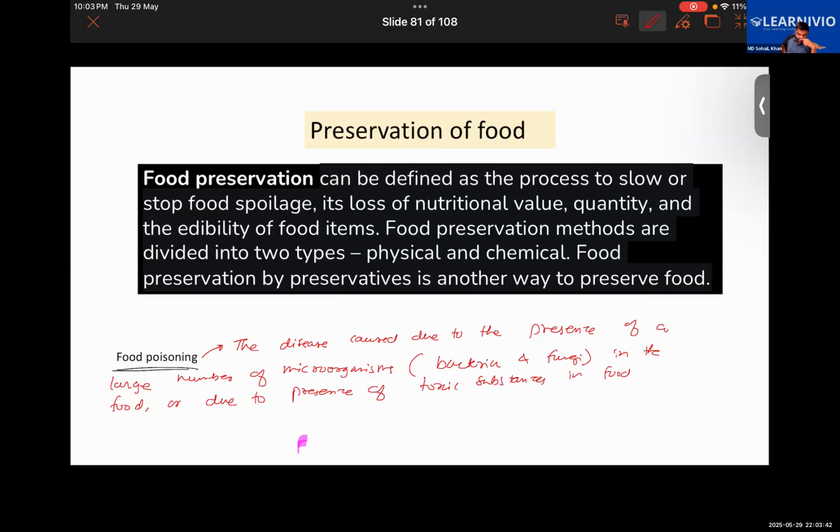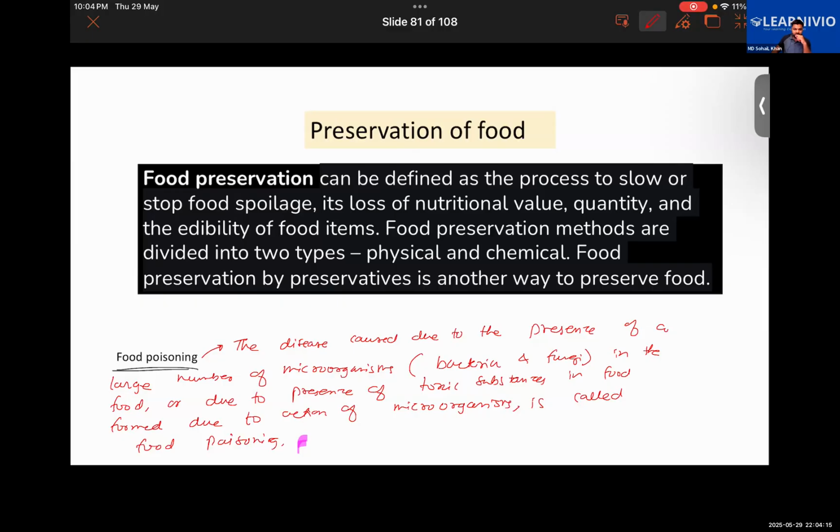That toxic substance in the food has been formed due to the action of the microorganisms. So that is what we call food poisoning. Hope that should be clear to everyone.